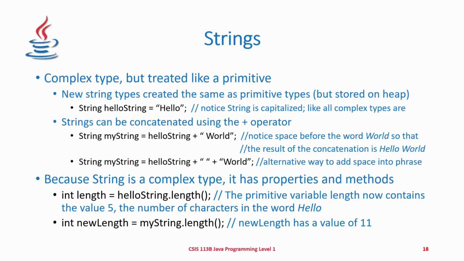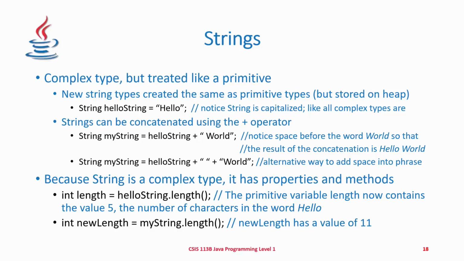Now, because String is a complex type, it has properties and methods. So one of the methods that we have for a string is the length method. That'll calculate how many characters there are in the string. So the example we're using here now is we're creating a primitive variable, an int type, naming it length, and then assigning to it the length method of our string.